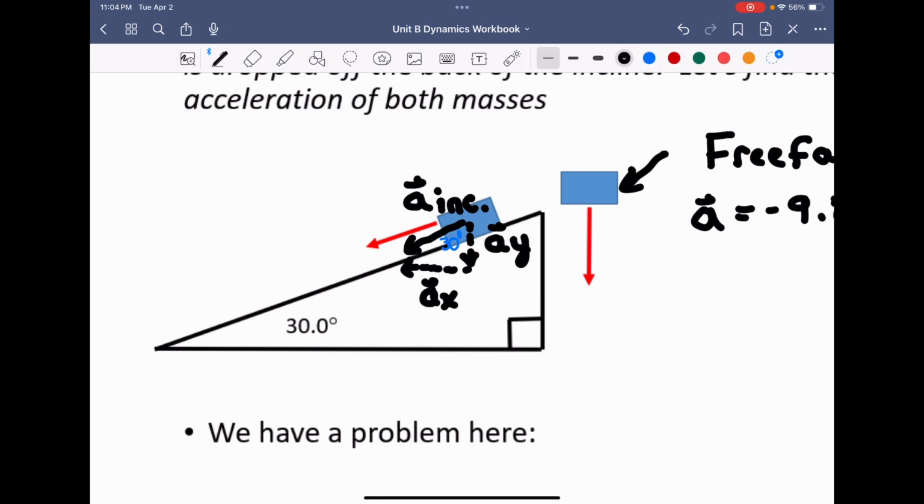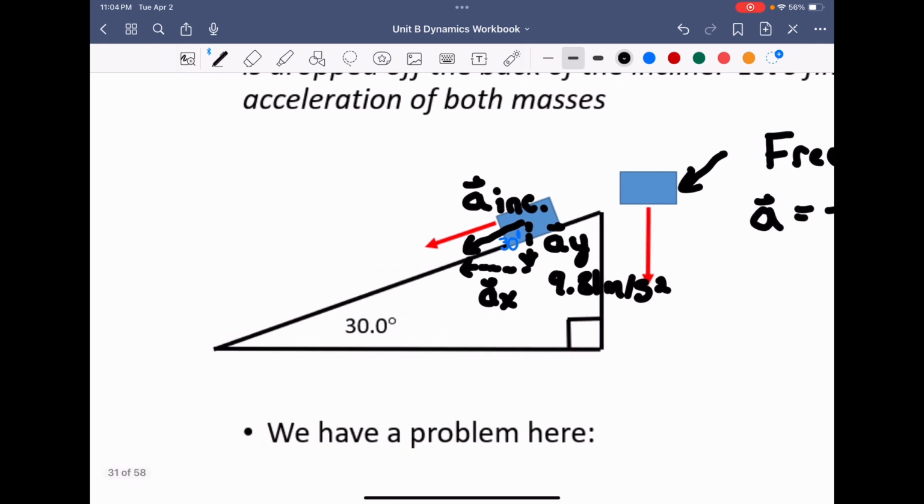So I'm even going to fill that in below here. In the y direction, acceleration is 9.81 meters per second squared. And when I put this together here, I can say that the acceleration of the incline is equal to, well, we have our ay, which is our opposite, over the adjacent.